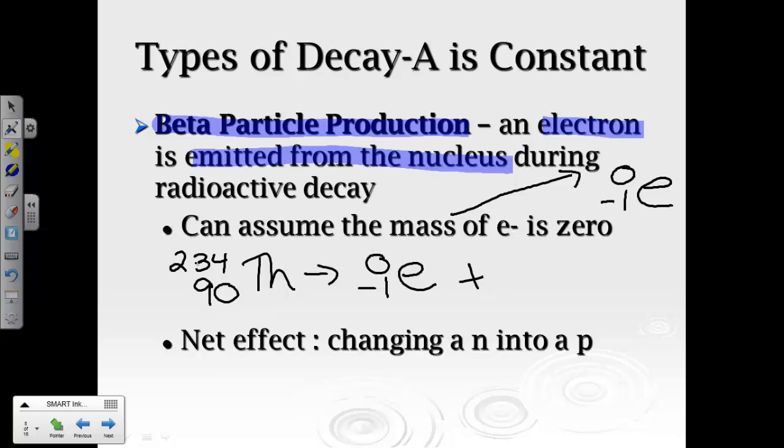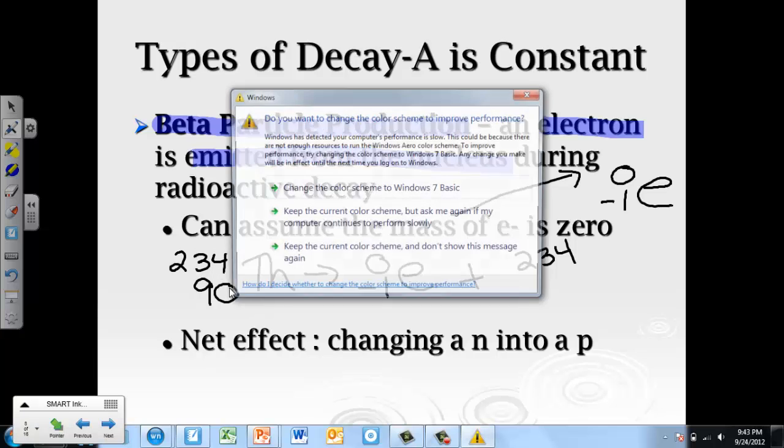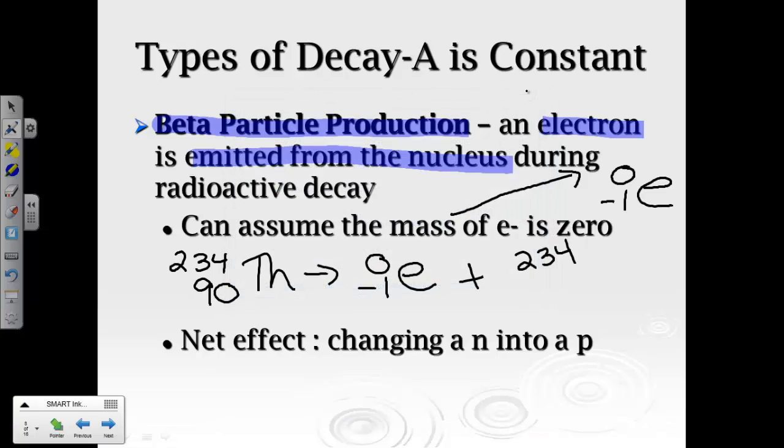Now, the top number, that one makes sense. 234 minus 0 is going to be 234. Not so bad. Well, it'd be really nice if it was 90 minus 1 to find the bottom number. Not quite so easy. What's going to happen is we take that 90, remember we're taking one of these neutrons, we're ripping off the negative charge, and we're turning it into a proton.